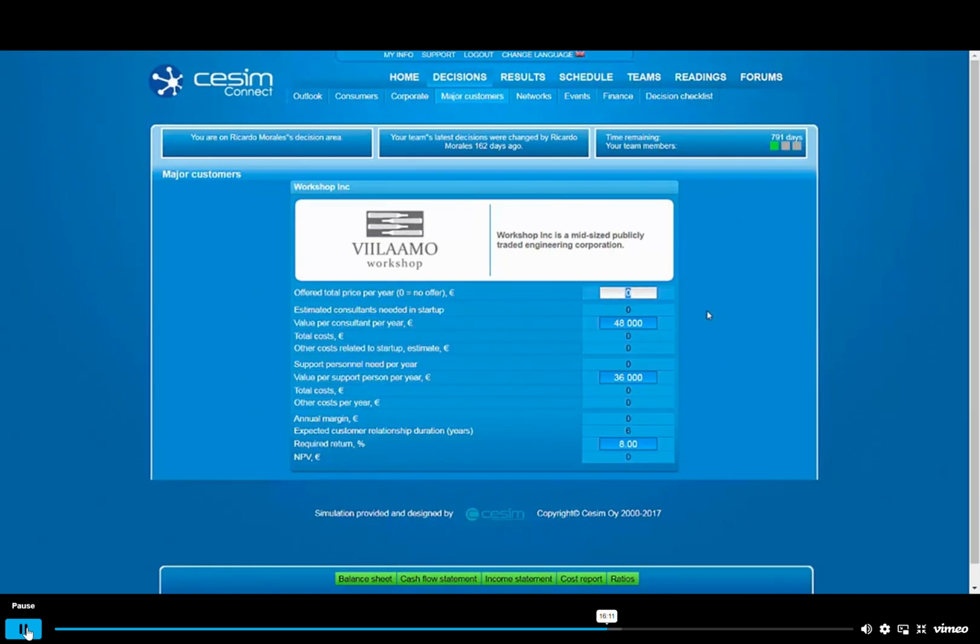And the customers are available to multiple vendors. So it's not only one vendor who will get the deal, but the customers will choose based on the pricing and the service level, and then may split the service contract among multiple vendors. But as I said, this is not available for the first round, but it's going to be available later in the rounds.